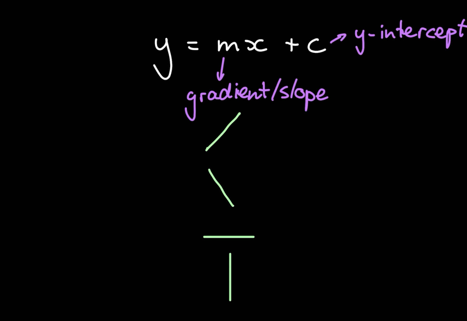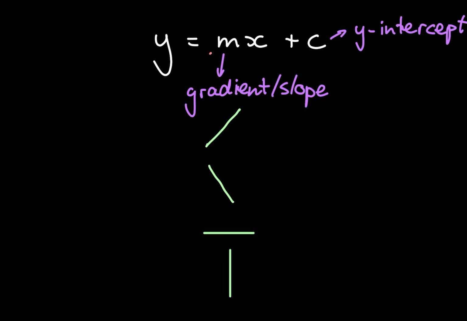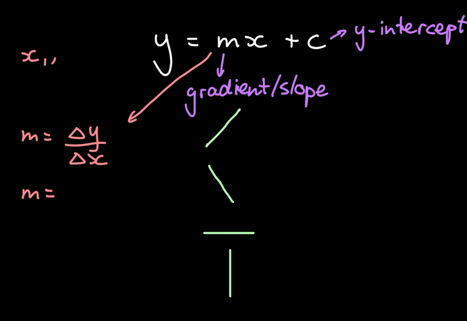Now your gradient is really just your change in y, delta y, over your change in x, delta x. So to get a change, you have to have 2 points. So let's say you have a point which is x1, y1, and you have a point on your graph which is x2, y2.